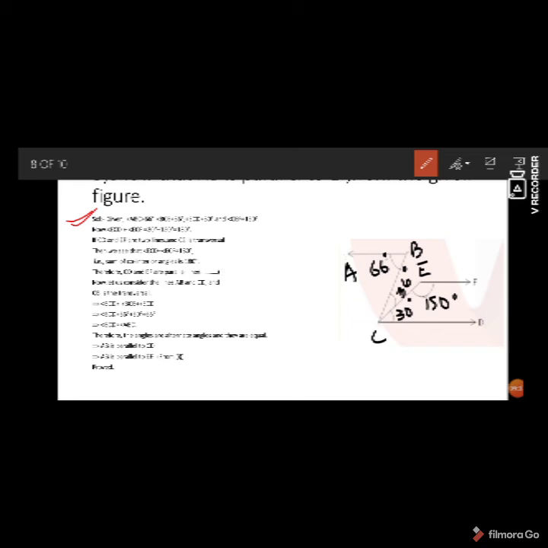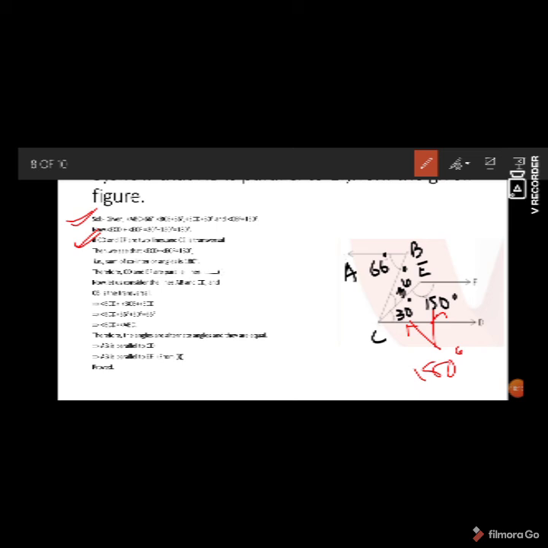Now we will consider the two lines EF and CD. If we add 30 and 150, we will get 180 degrees. So we can say that if we consider CD and EF as two lines and CE is the transversal, then the sum of angles ECD and CEF is 180 degrees.